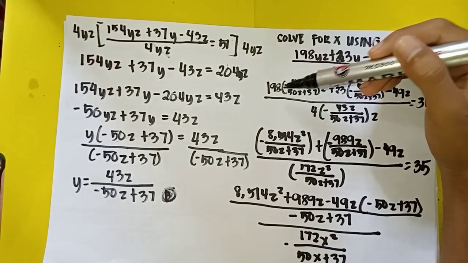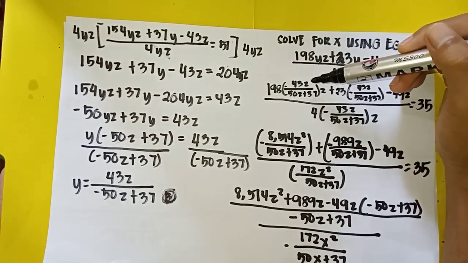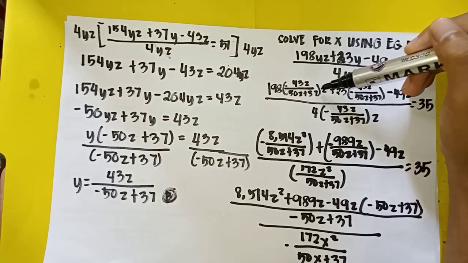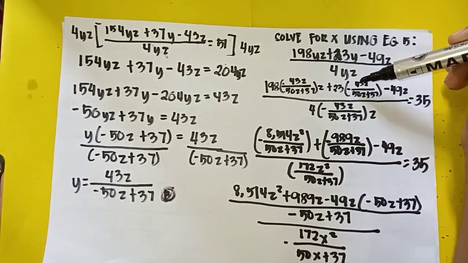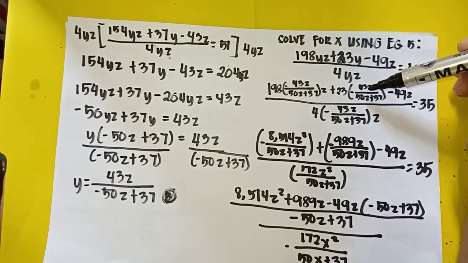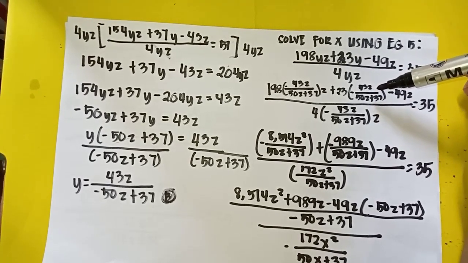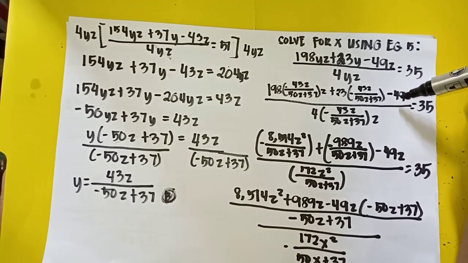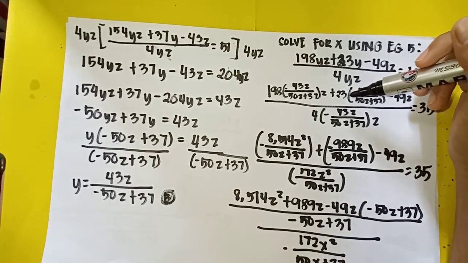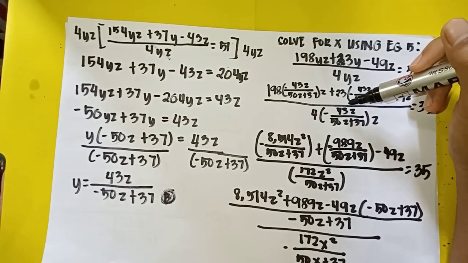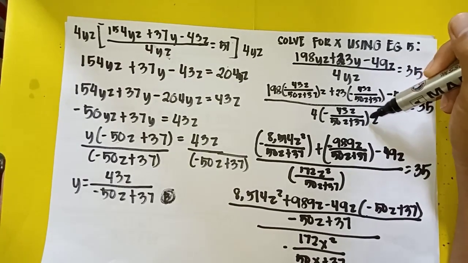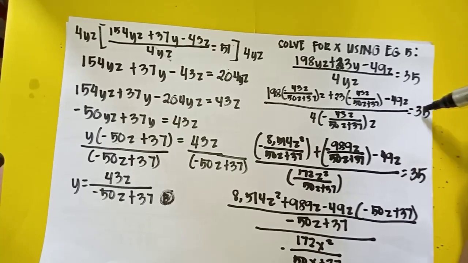So 198 times 43z over negative 50z plus 37, parenthesis z, plus 23 times 43z over negative 50z plus 37, minus 49z over 4 times 43z over negative 50z plus 37, then close parenthesis z equals 35.